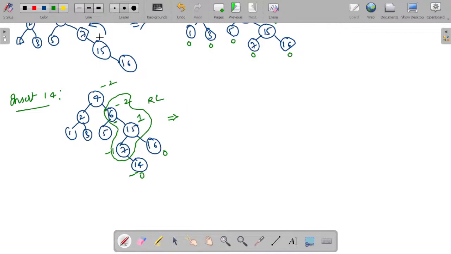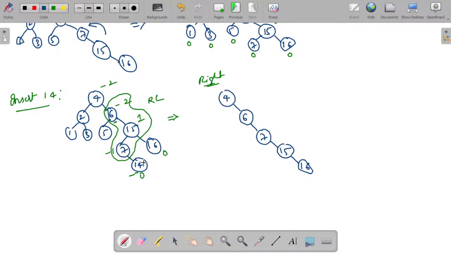So now first we will perform a right rotation. The tree is going to look something like this. 4, 6 is going to stay as it is because we are not going to perform the first right rotation on that, and the rotation is performed between 7 and 15. So now 7 becomes our root node and 15 is pushed down. 15 is having a right child 16, and 14 is connected to 7, and the new right child for 7 is 15.